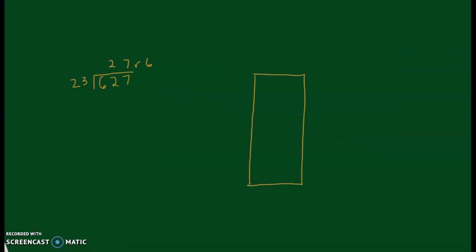The second part of the practice is asking you to draw an area model to match your solution to problem 5. And so the first thing that they ask for is the area. And the area they have is the dividend. And the dividend is the numbers inside the division symbol here.